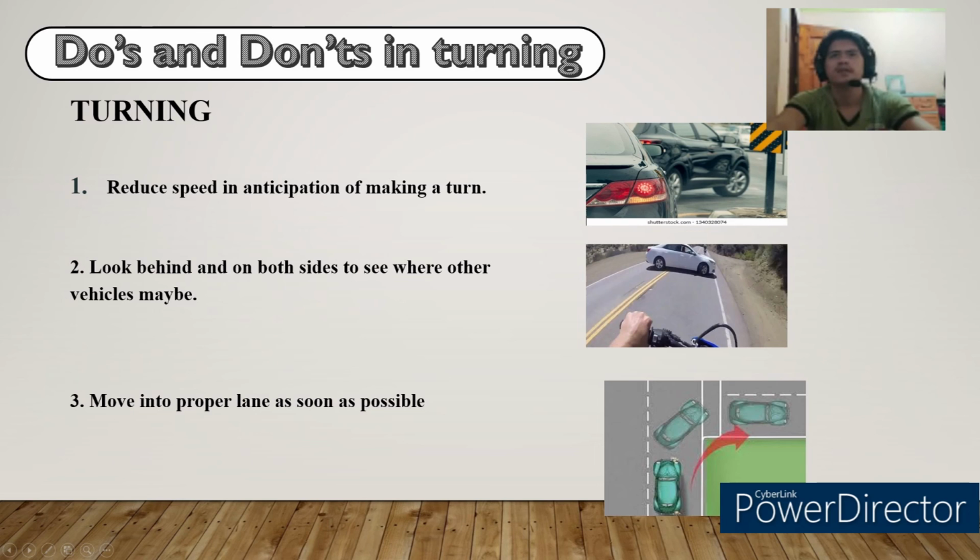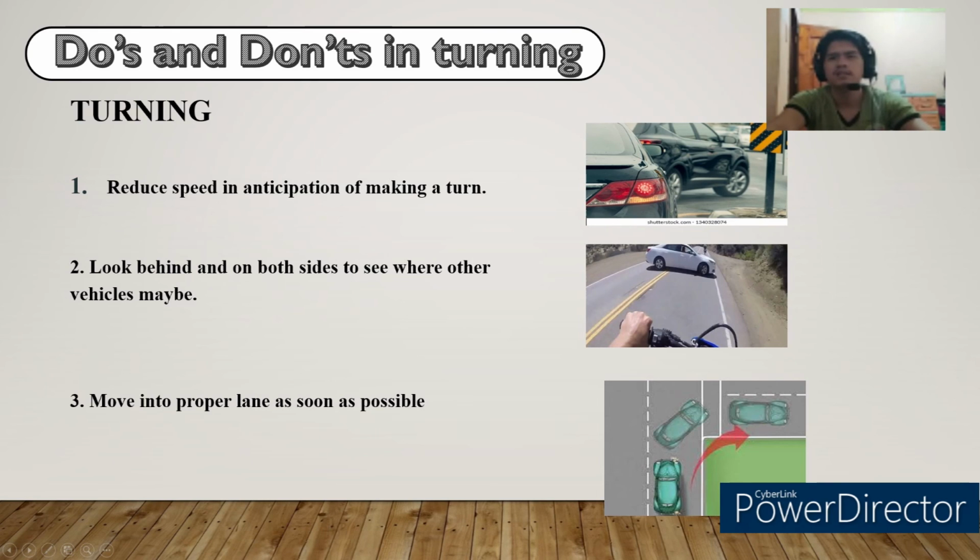Because if we are on the left side of the lane and make a right turn, we may obstruct the vehicle on the right side of the lane that is going straight. So if we position our vehicles on the right side earlier, then our turn to the right will be smooth and we will not cause inconvenience to the vehicles behind us.